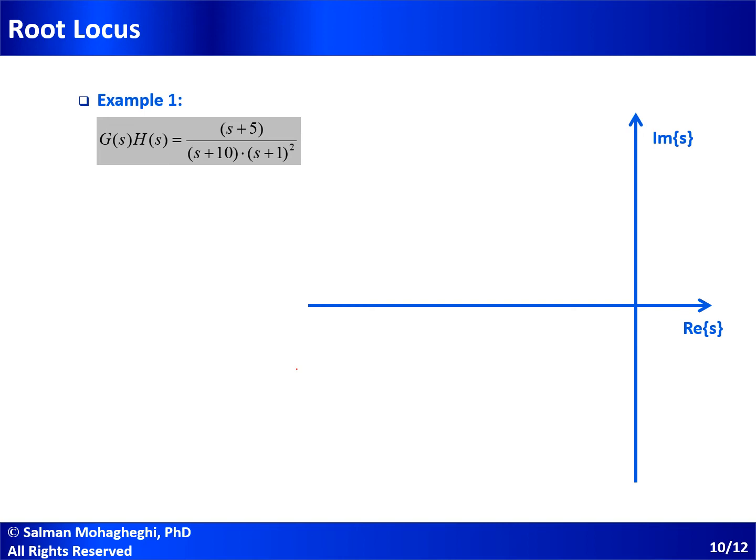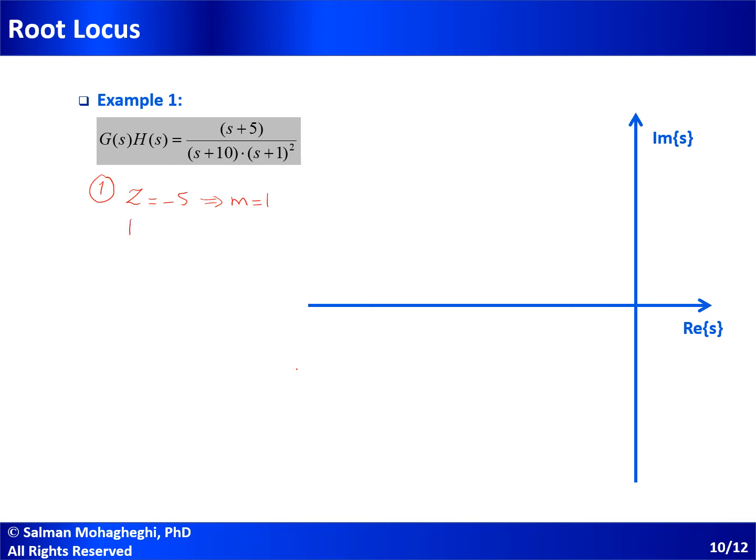The first step that I'd like you to do whenever you get a problem is to identify the zeros and poles. So step number 1 is I identify my zero at minus 5, which indicates that I only have one zero. So the order of the numerator is 1.